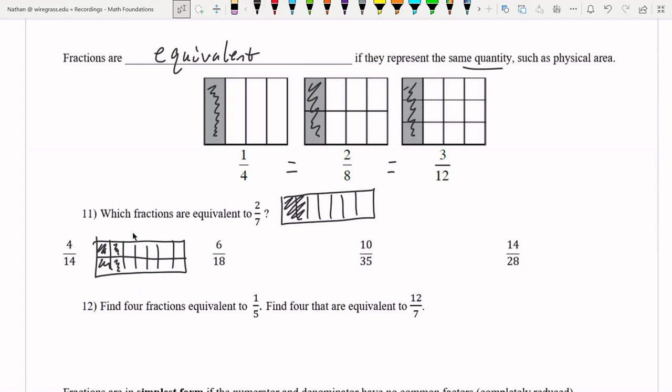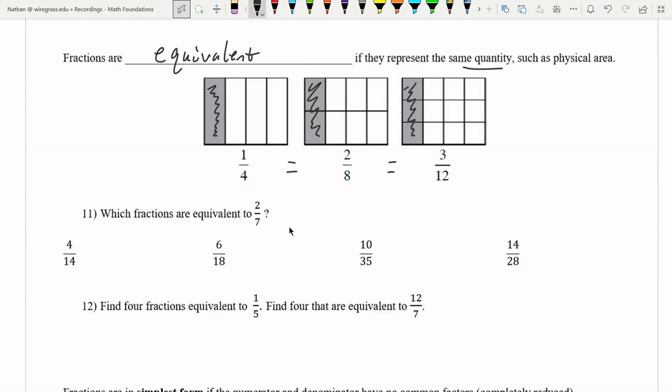A better way of doing it is to ask the question, can I multiply the top and bottom number by the same thing to get this thing here? And for this one, yes, we can. If I multiply top and bottom by 2, then I get 2 times 2 is 4, and 7 times 2 is 14. So yes, 4/14 is the same thing as 2/7.